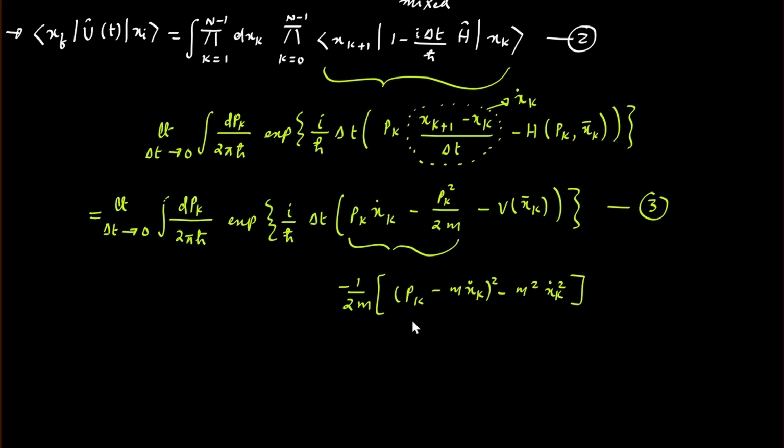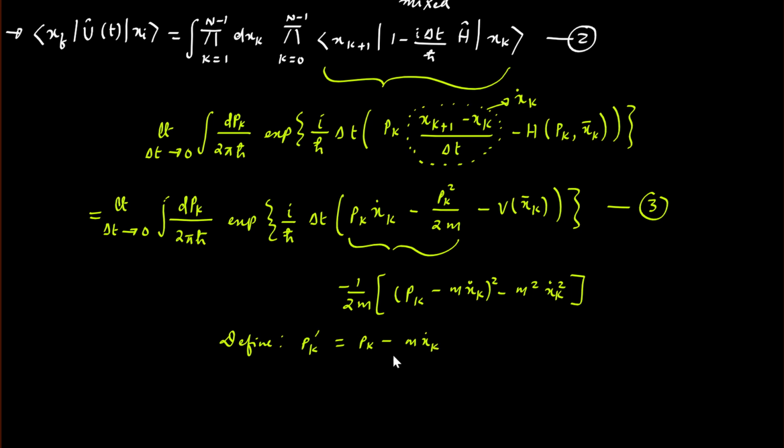Now I can define p_k prime as the new variable, which is equal to p_k minus m x_k dot.